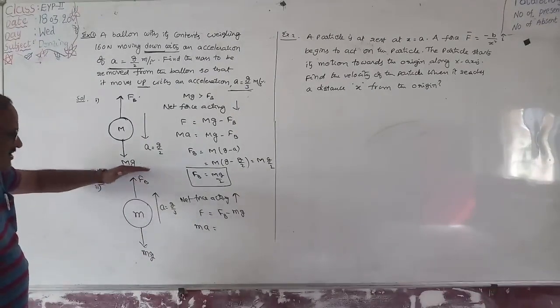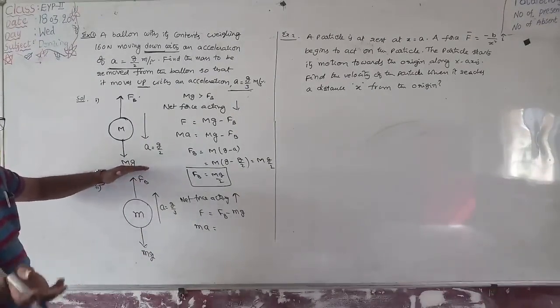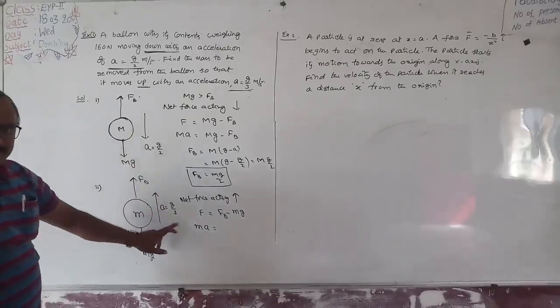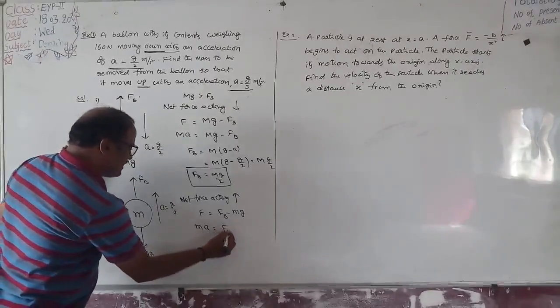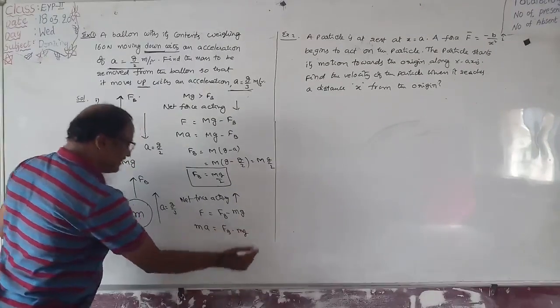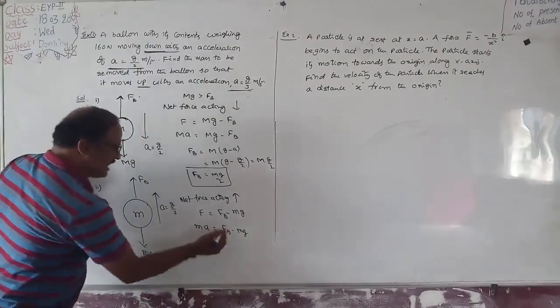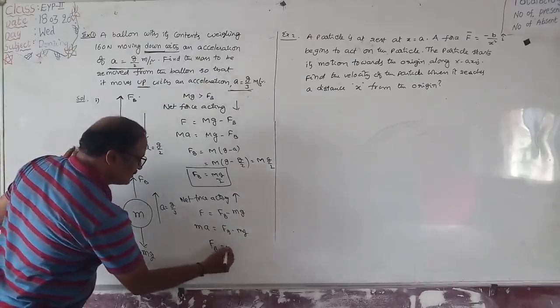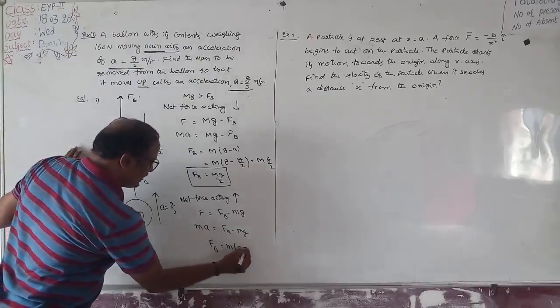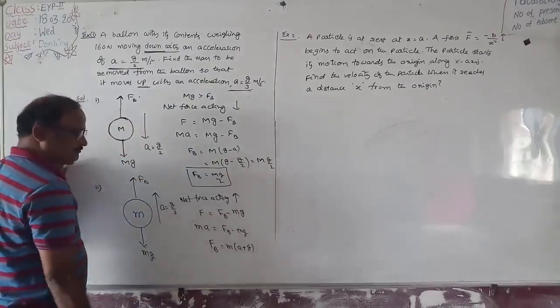In the second case, if some mass is removed, the remaining mass of the balloon is small m. Right? ma is equal to Fb minus mg. Or from this, Fb is equal to what value? Small m into (a plus g).